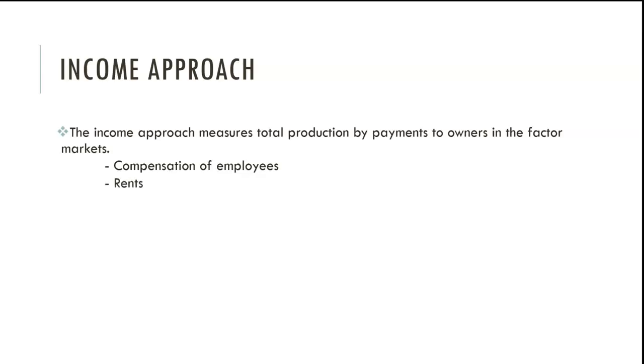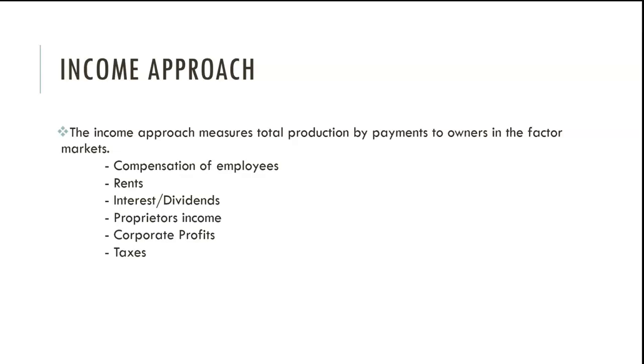This is going to go to people who own land or other sort of natural resources. Interest and dividends. This is payments made on potentially financial investments. Proprietor's income. So money that's earned by business owners. Corporate profits also count in the income approach. So anytime people are earning money, it's going to count in this income approach.